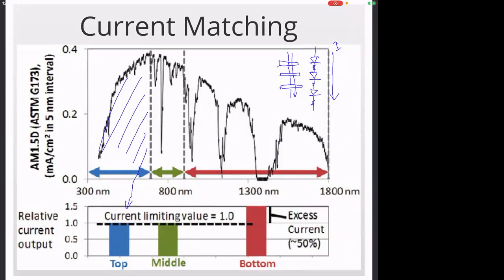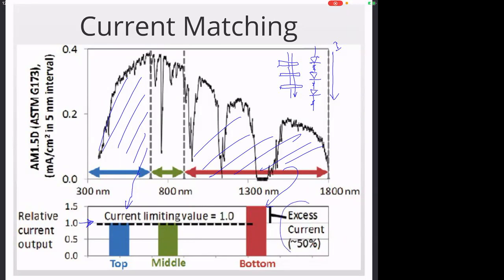However, it has fewer photons than the red part of the spectrum, so this produces the most current. Now, because the top part of the cell is only producing this much current, as shown here, the bottom part of the cell is prevented from producing the excess current, as shown here.